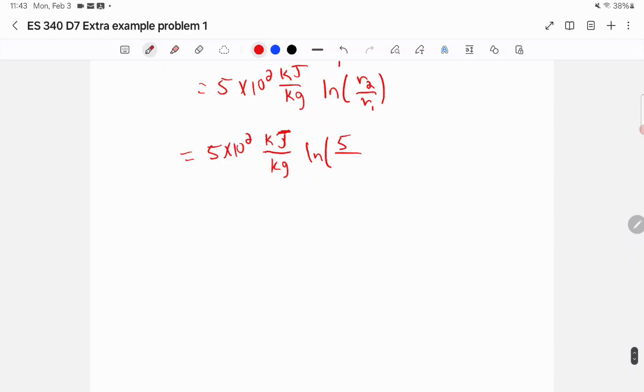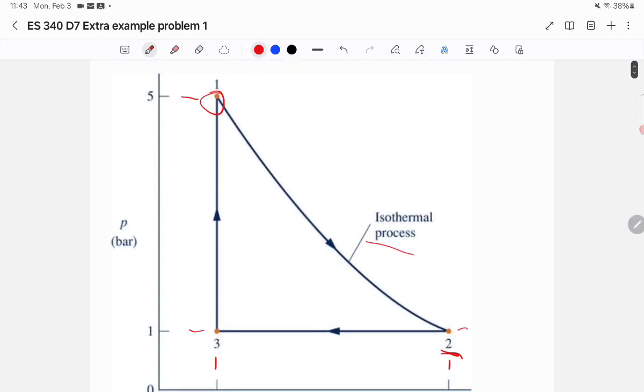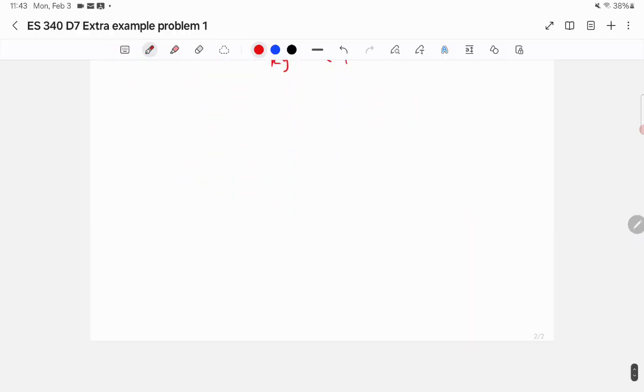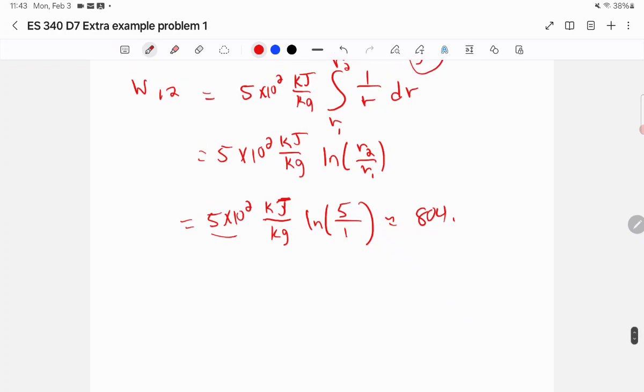I'm not going to put the units because they're going to end up canceling each other out as I divide them. Over 1, that was the initial one up over here, cubic meters per kilogram. So that's the natural log of 5, and this comes out to be about 804, because this is 500, right? 804.719 kilojoules per kilogram. Now we have to go to the energy balance equation for this.